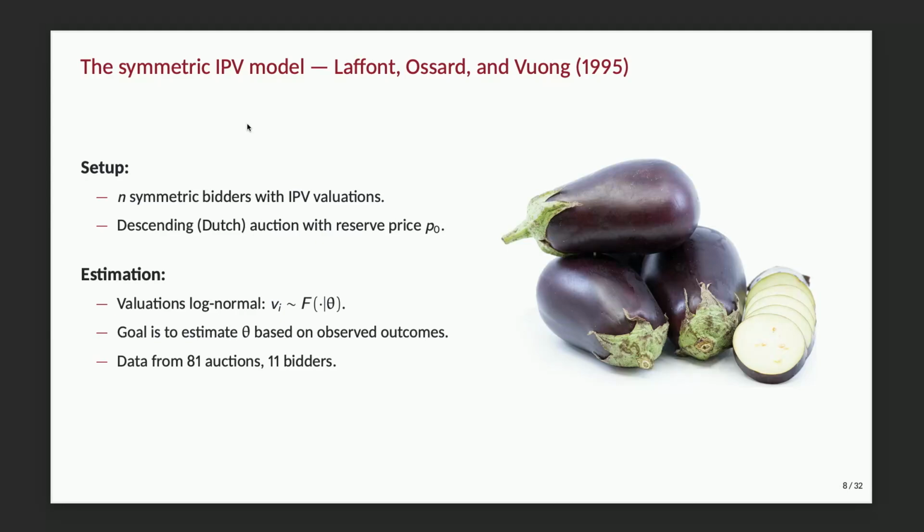They're imposing a log normal distribution on the valuations, and the goal is to estimate the parameters of this log normal distribution. And they have data from 81 auctions with the same set of bidders in each of the auctions.